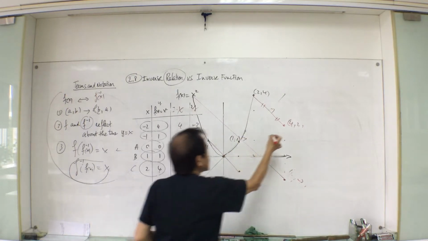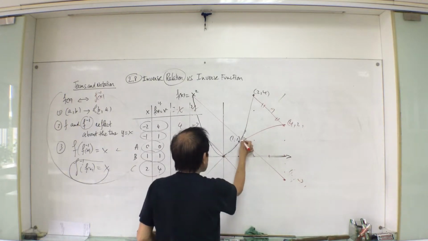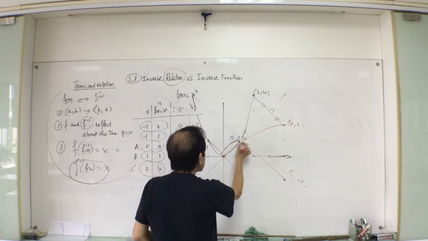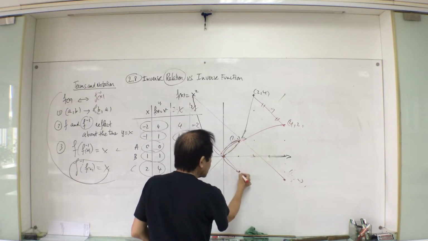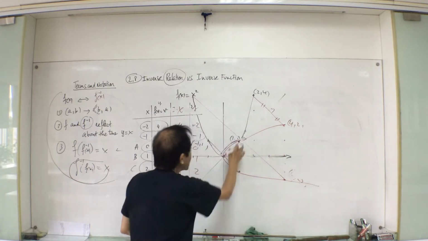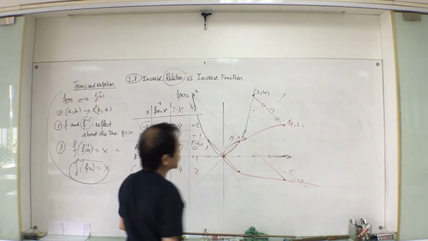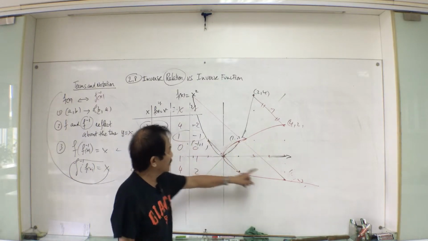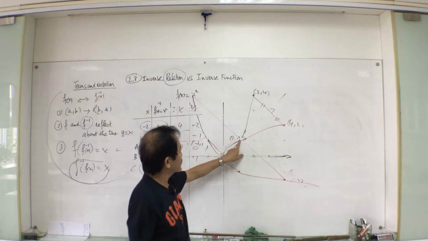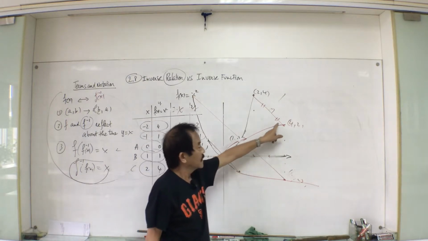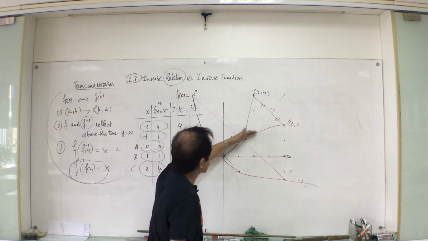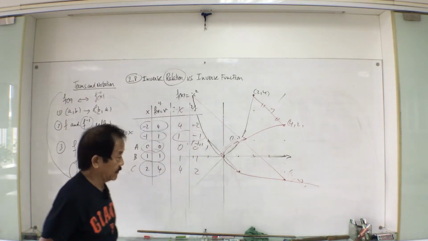So I connect these points. This one reflects to that one, and this one shares the same point. So the red one is the inverse of the black one.